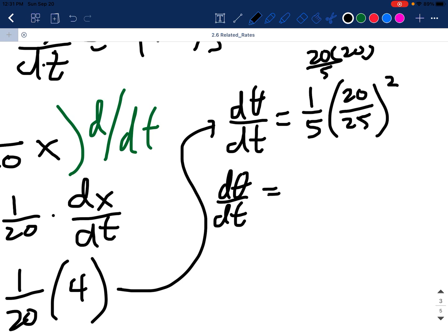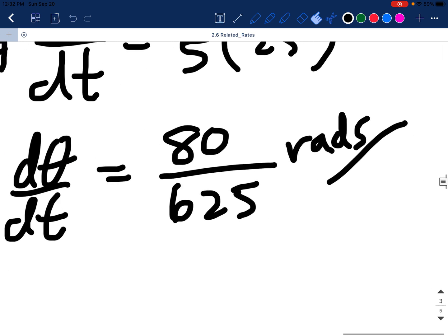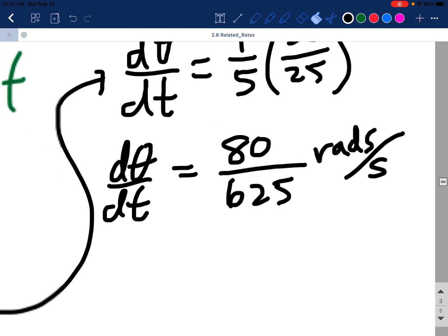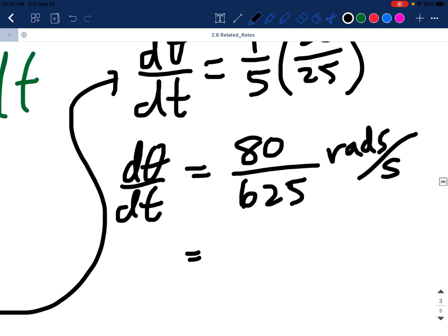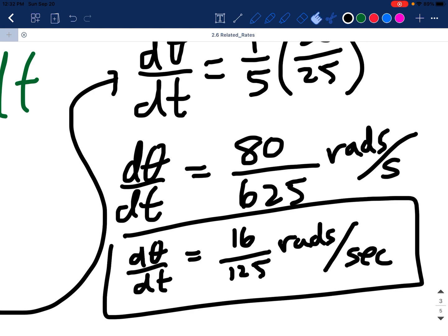We get 80 over 625, which is radians, not degrees, because we have no units per second. We could simplify further: 16 over 125, since 625 divided by 5 is 125. Again, radians per second.